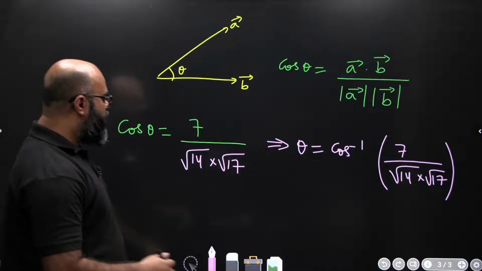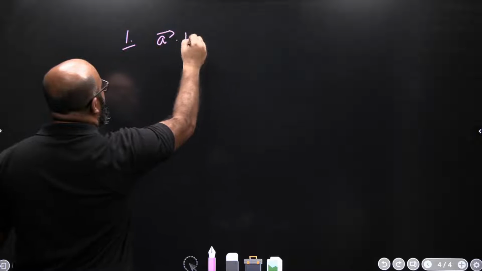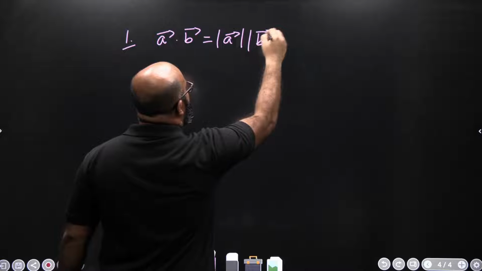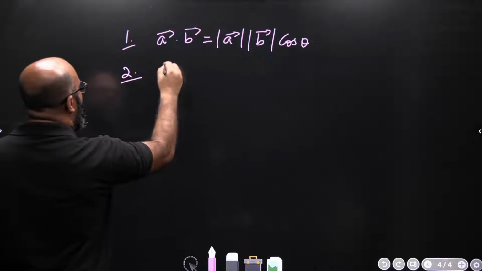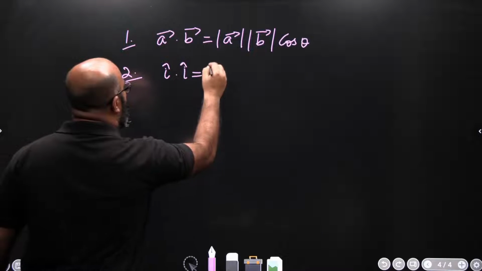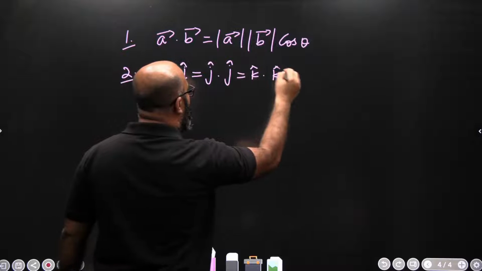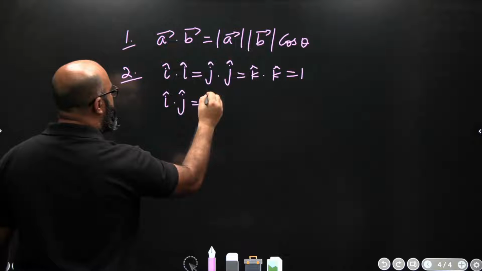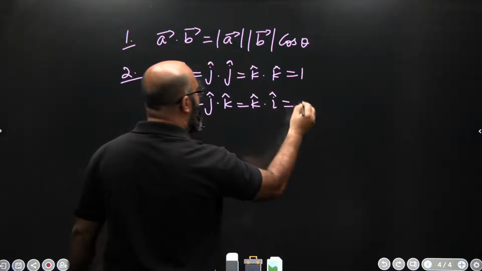So you have to remember a few things. First point about the dot product: A dot B is equal to mod A mod B cos theta. Another point is that I dot I is equal to J dot J is equal to K dot K is equal to 1. Another point, I dot J is equal to J dot K is equal to K dot I is equal to 0.